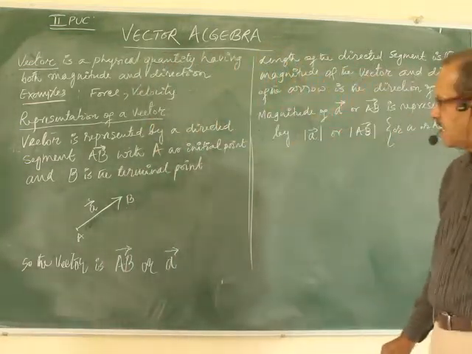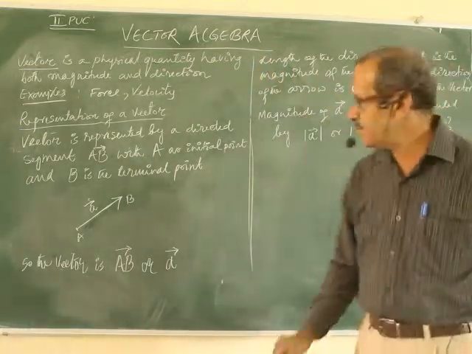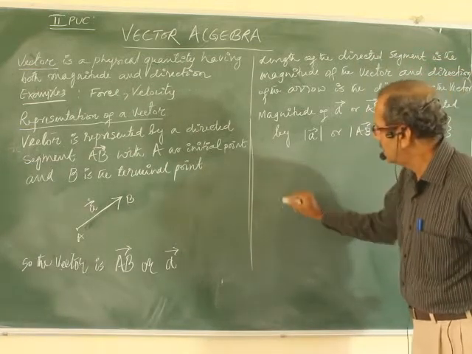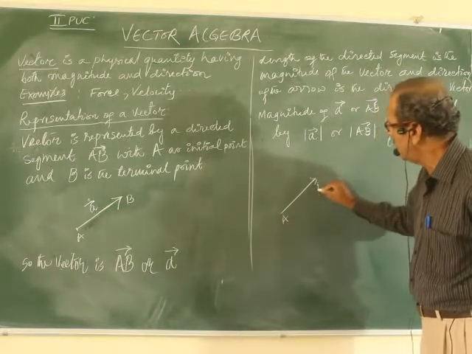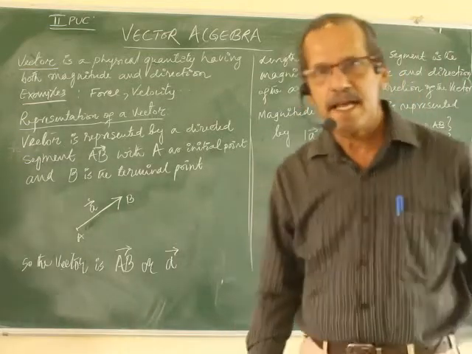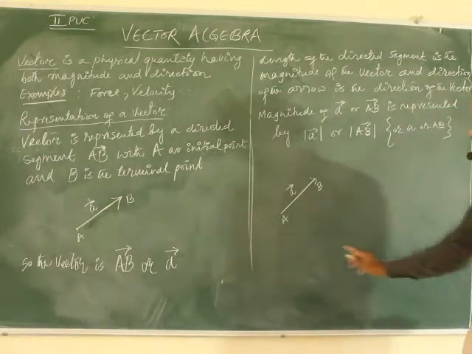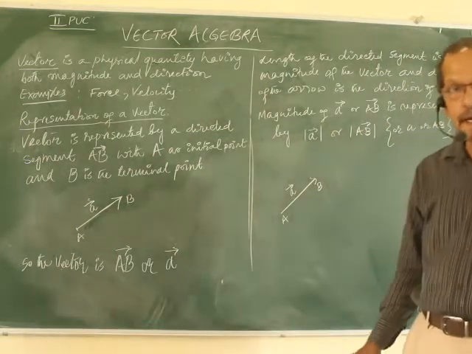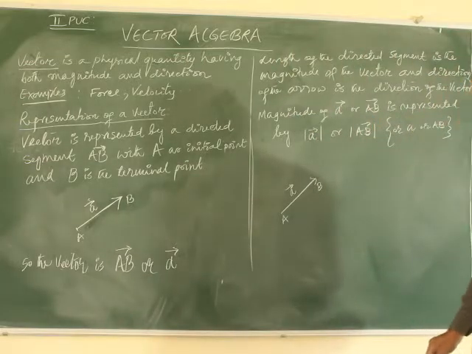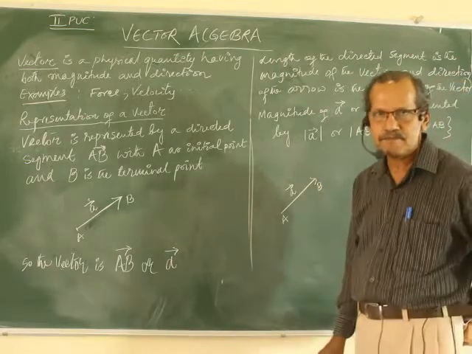Next part, just to see. In the entire chapter, given the vector AB, the initial point A, end point B, or let me write vector A also, you can draw any number of directed segments without changing the direction and length of the arrow.